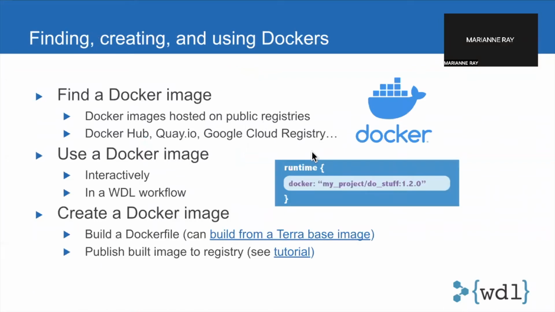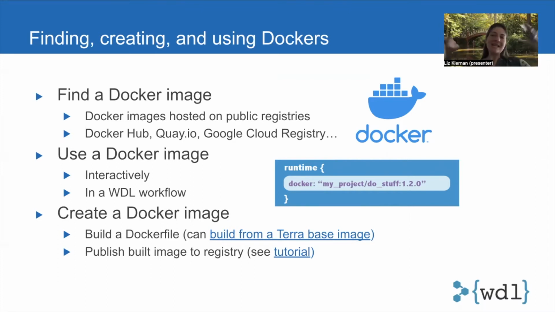So I mentioned this already, but a Docker is essentially a portable package of software and its dependencies. So if you can think of a use case where maybe you've worked with colleagues and you're trying to analyze the same data, and you've asked your colleague, well, what version of the software are you using? And you go and you find out, oh, you're using the wrong version. Or you go to update your software and you get an error saying your Java is the wrong version.